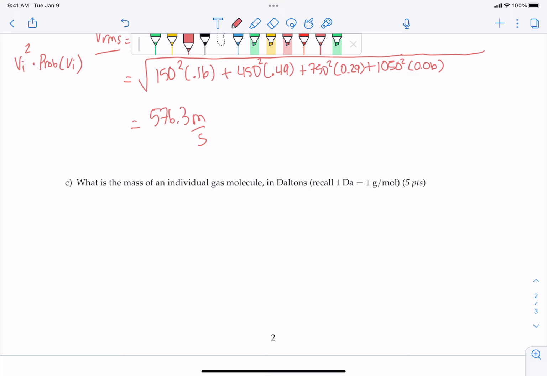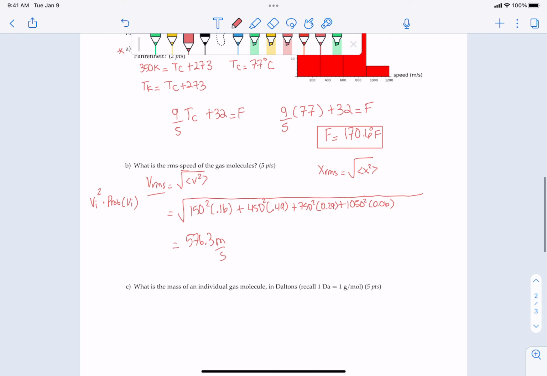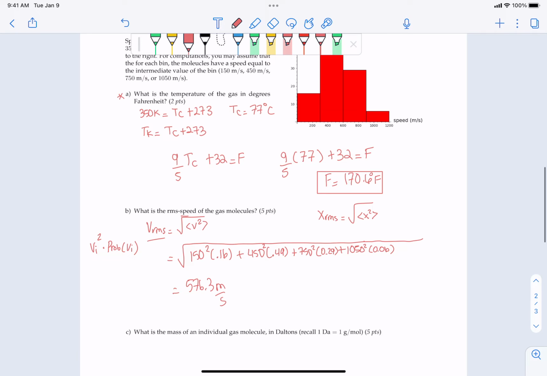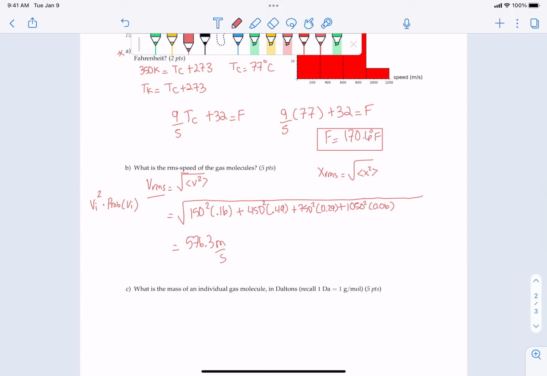But essentially we're going to be looking for the molar mass at least at first. So kind of similar, once again, to the written homework from last night, right? We have temperature, the 350 Kelvin. We know our RMS speed, which is 576.3 meters per second, right?